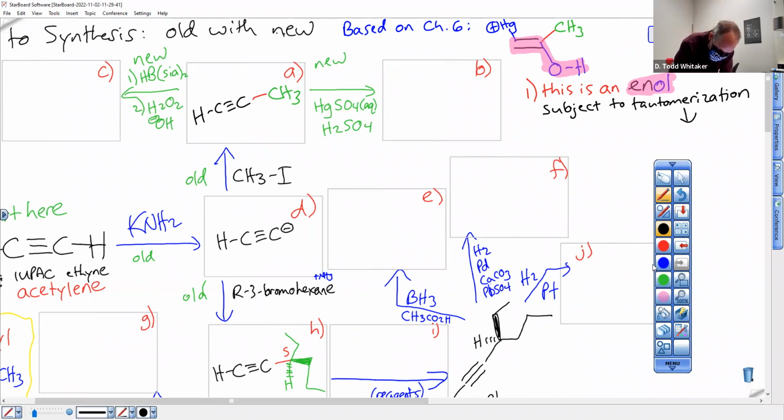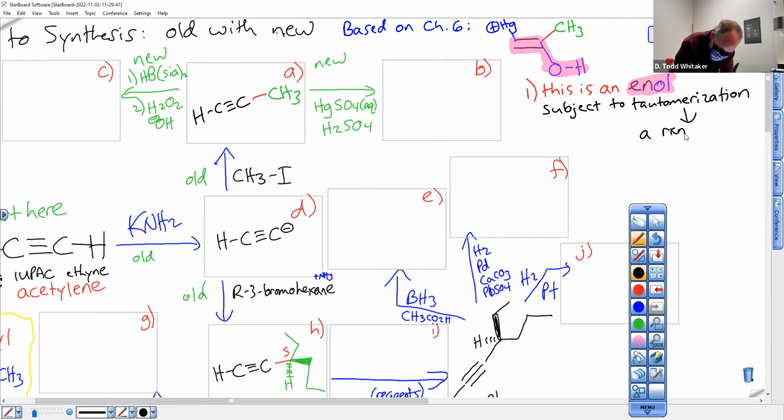A reaction where an H moves, a pi moves. You want to see that? There is the single bond. Here's the O. Where's the H?